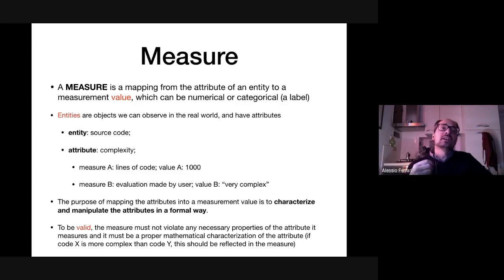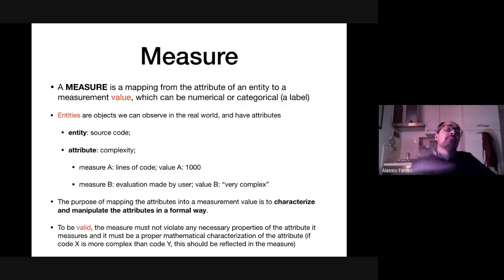He will give an estimation based on a scale that I may decide, or I may interview him and try to infer the scale by interviewing several other people. But the simplest way to measure this would be to ask him, hey, is this low complexity, average complexity, high complexity, for example? And so I have a measure given by a certain user.